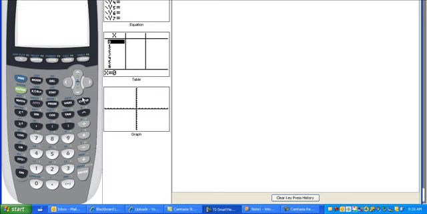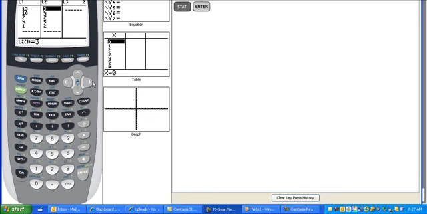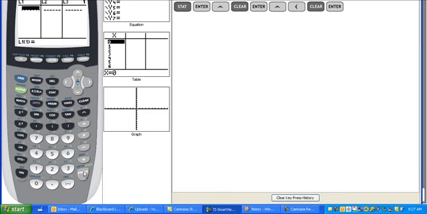I want to go to Stat before I start entering the numbers. And let me clear my list. I'm going to highlight the list name and hit clear, and enter to clear the list. Highlight list 1, hit clear, and enter to clear that list. Okay, now I'm ready to enter my numbers.